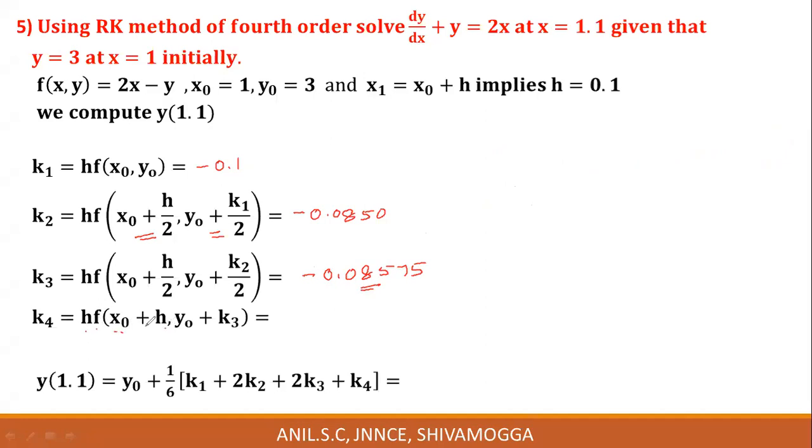X naught is 1, h is 0.1, y naught is 3, and K3 is minus 0.08575. Minus 0.07142. That's right.